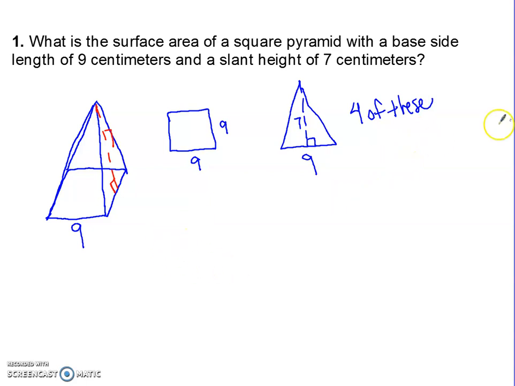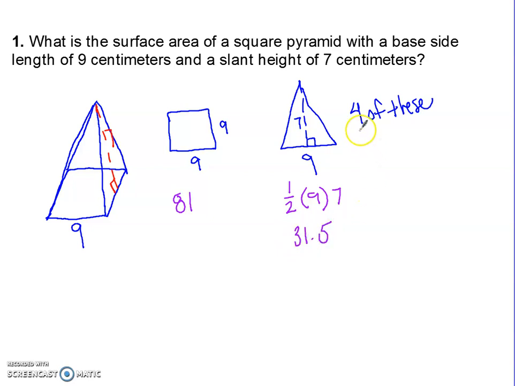All right. The area of the square is 81, 9 times 9. Then these are triangles, so I'm going to go 1/2 base times height. And you can go 9 times 7 is 63. And half of that is 31.5.